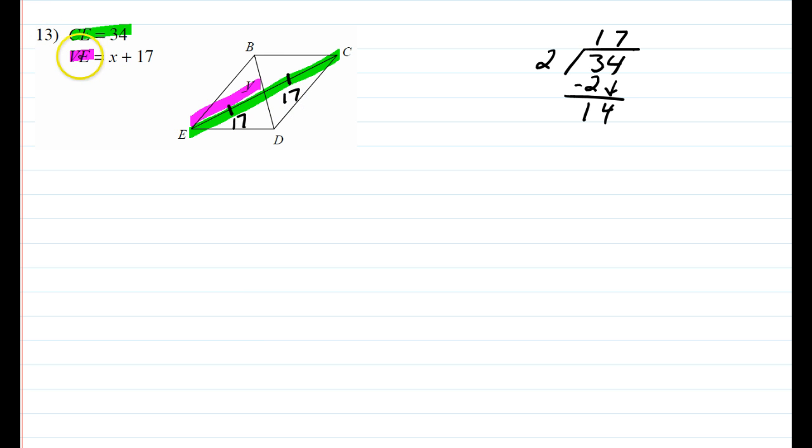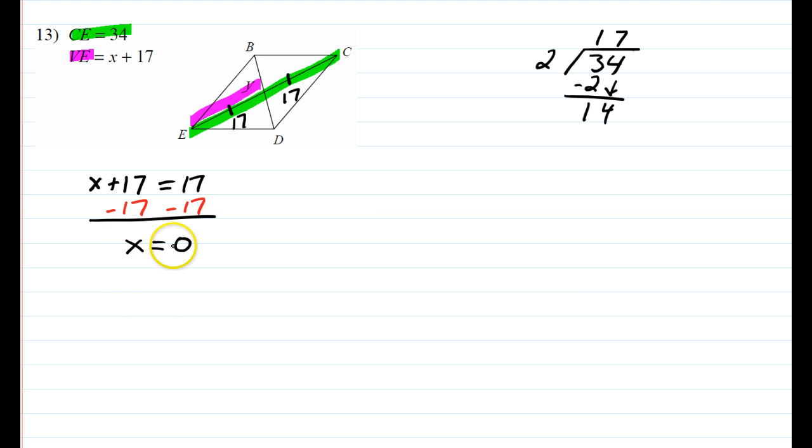So that means that this VE, that x plus 17, is equal to 17. What happens when we solve this, we get x equals 0.